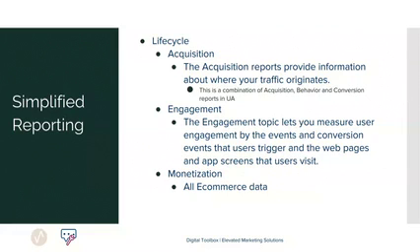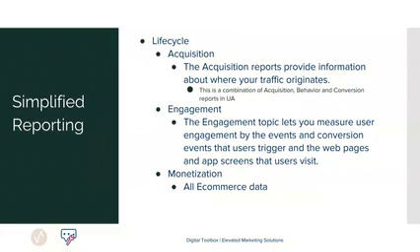There is the life cycle with acquisition, so it's going to provide information about where your traffic originated. There are engagement reports, and with engagement reports, it's going to go through and show you different things that people have done on the website with events, such as did they download a form? Did they scroll a page?